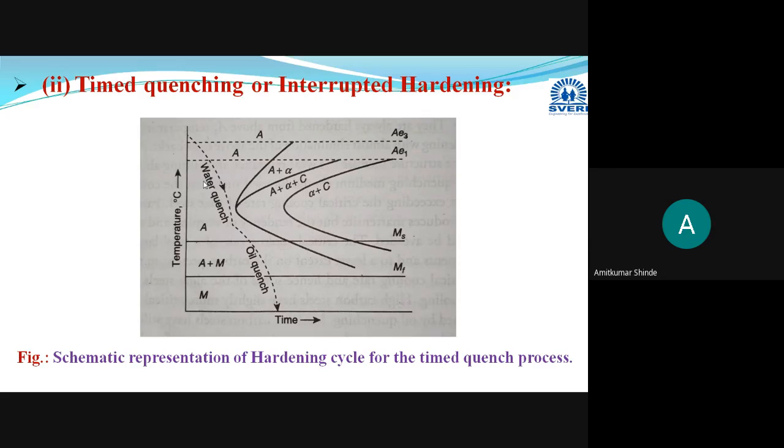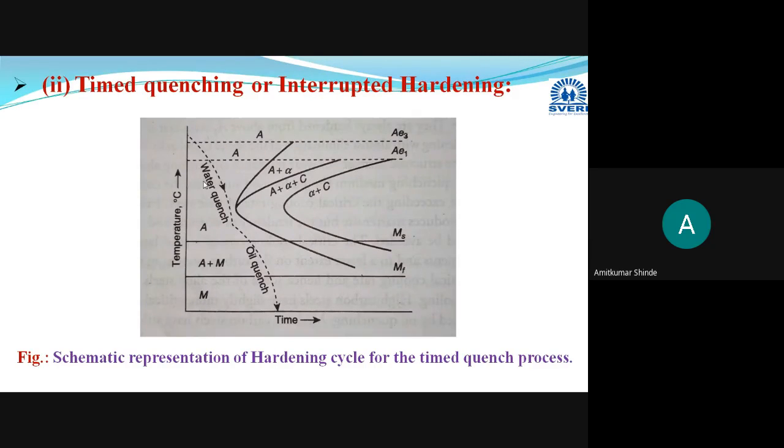These questions may be asked in competitive examinations: why are low carbon steels termed as non-hardenable steels? The very basic reason is that it requires a very fast cooling rate, and that rate cannot be achieved with available mediums like water or brine solution.